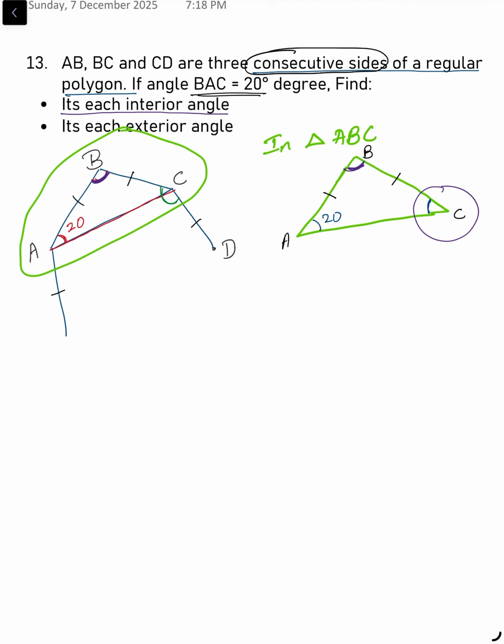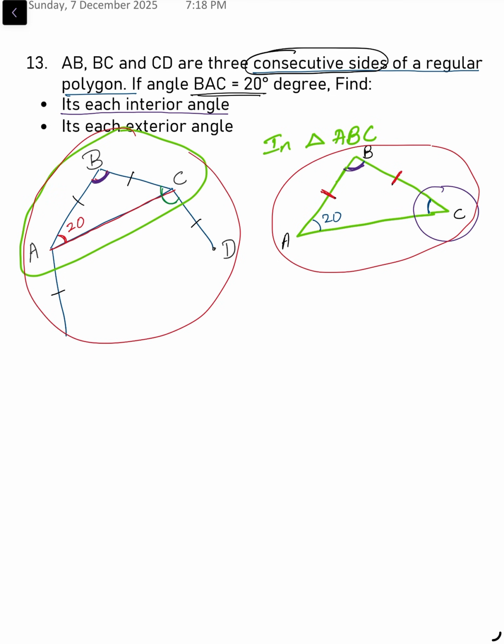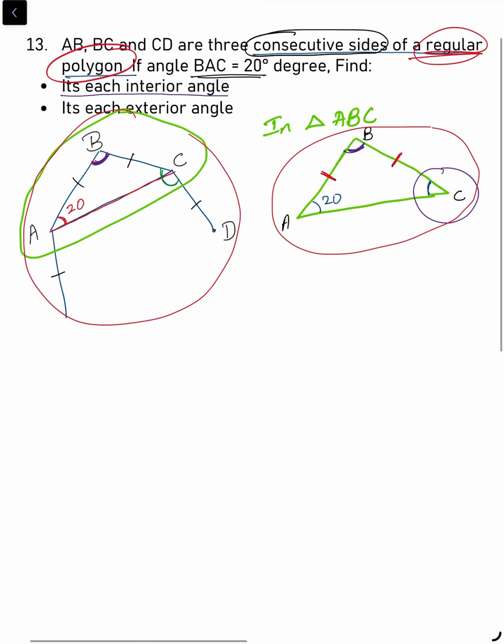If you observe clearly, the triangle we have obtained here is an isosceles triangle, because two sides are equal. It is a regular polygon ABCD, as mentioned here, therefore all the sides are equal.